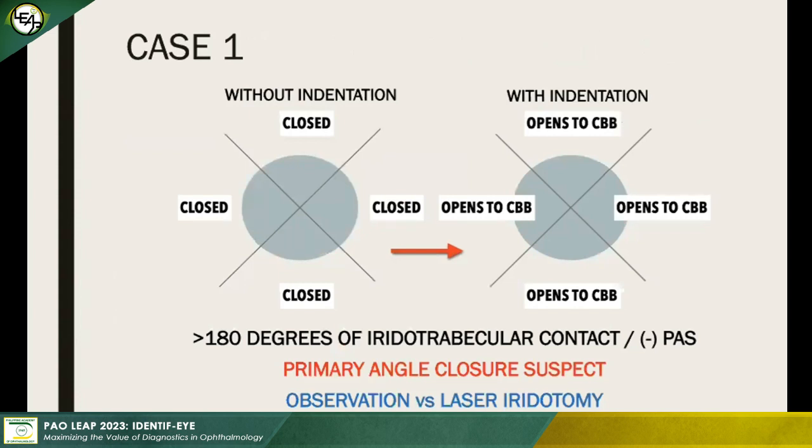But if the patient has certain relative indications, ELA is a treatment option, especially for patients who need frequent dilation, episodes of previous attack, or in those with difficulty with follow-ups. So I hope you appreciate how the gonioscopy was able to clearly determine our plan of treatment.